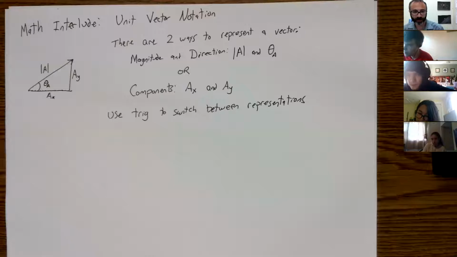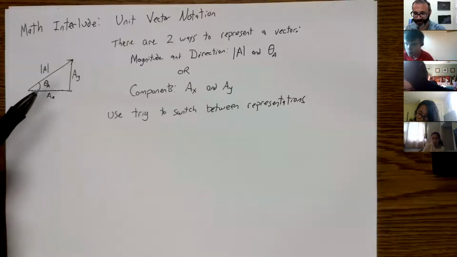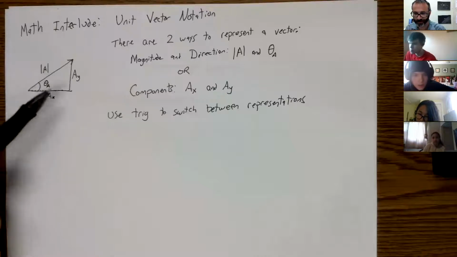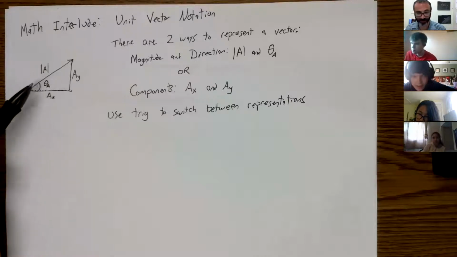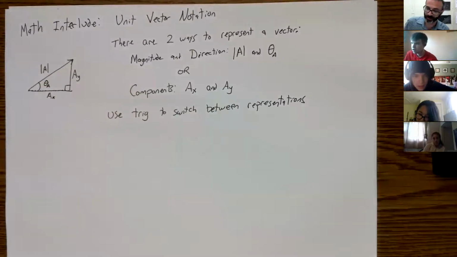Why do you think we use trig to switch between the representations? Triangle. Yeah, it's a triangle. It's not just any triangle. The right triangle. And of course, trig is all about right triangles.